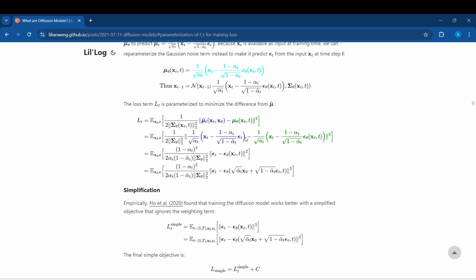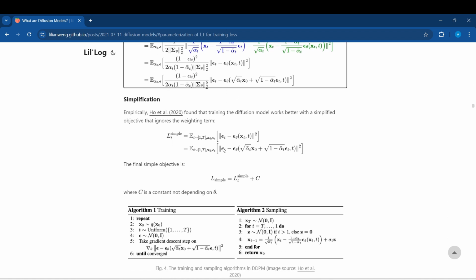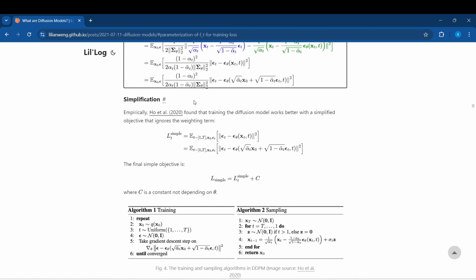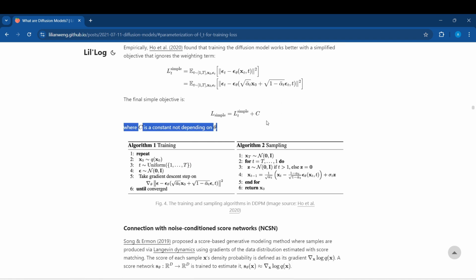If we do some simplification here, we arrive at this term, and empirically you can just remove this weighting term, and we get this term, which is a simple training objective. This is the final objective we need.